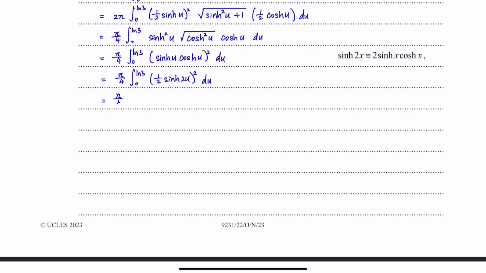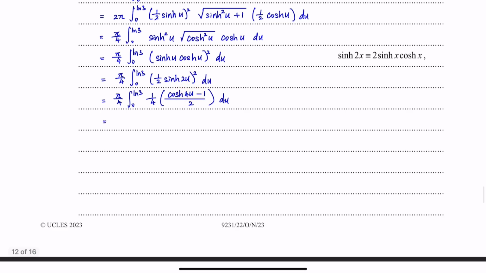So we have pi over 4 integration of 1/4 times (cos 4u minus 1)/2. Because this is already 2u, we need this to be 4u.